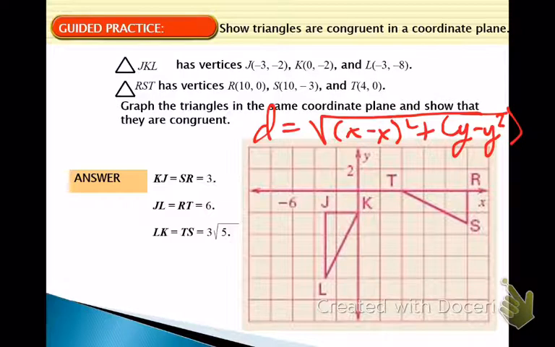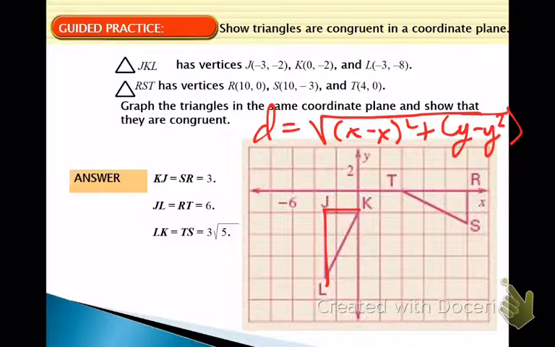And here, each line is scaled by 2, so each line represents 2. So, for example, the length of JL would just be 2, 4, 6. So JL is 6. JK would just be 1, 2, 3. Okay, and so on and so forth.